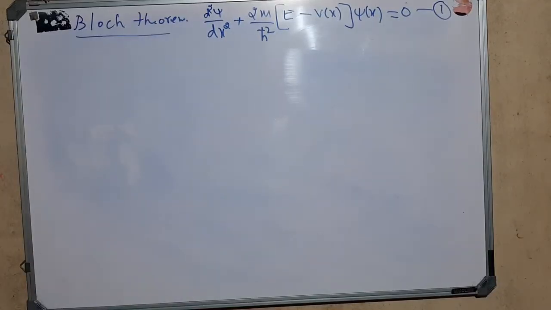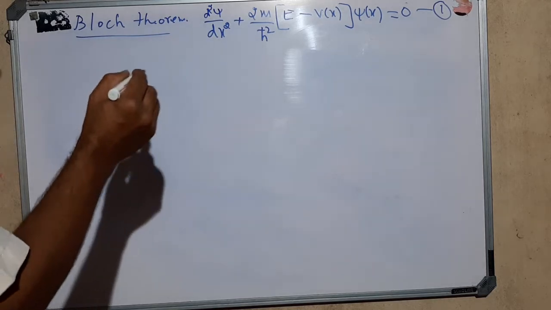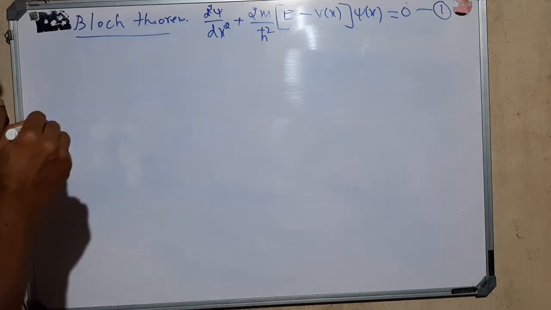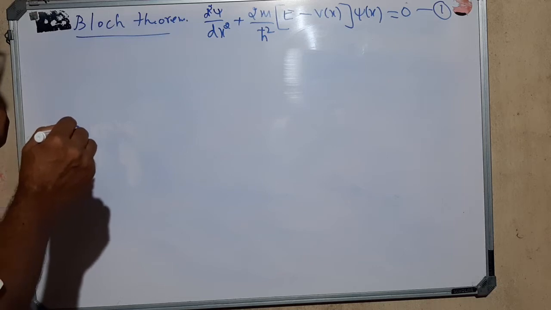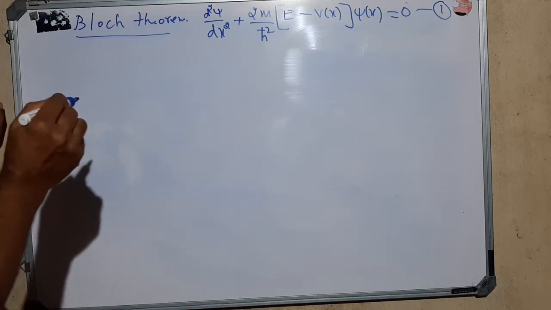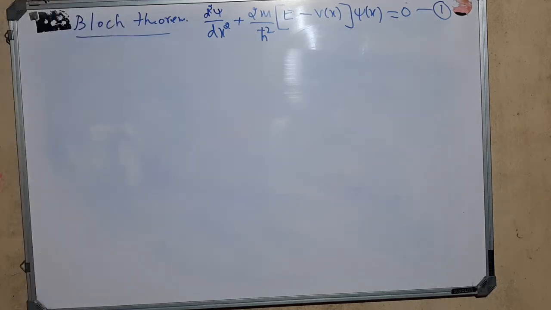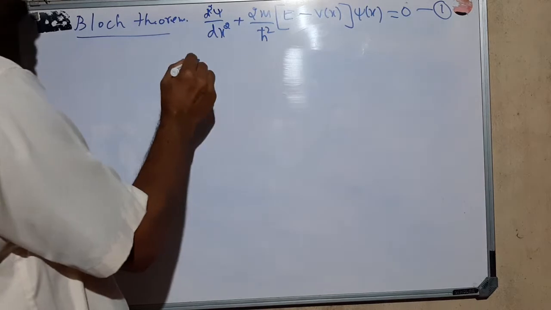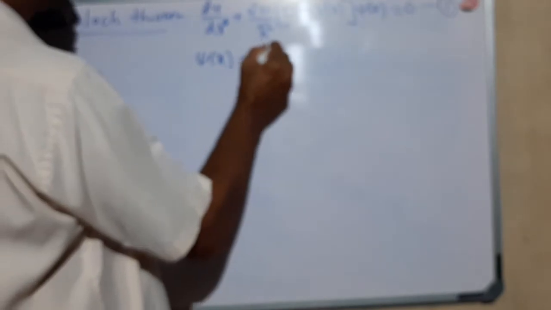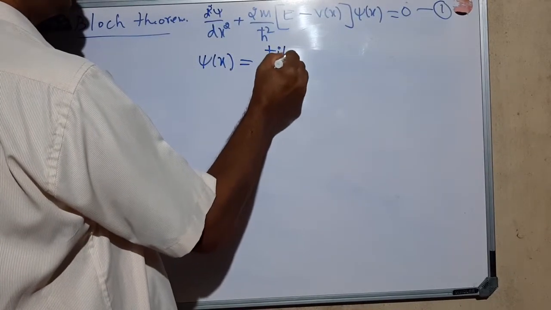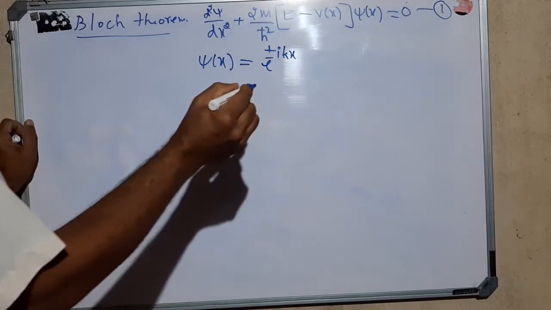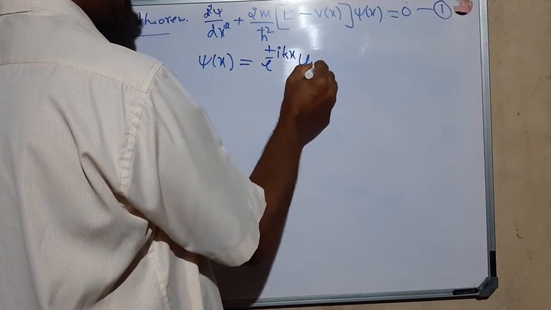According to Bloch, if the electron is moving in a periodic potential with periodicity A, then this Schrodinger equation has a solution of the form psi of x is equal to e to the power plus or minus ikx into uk of x.